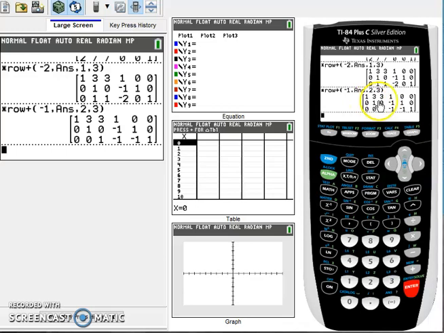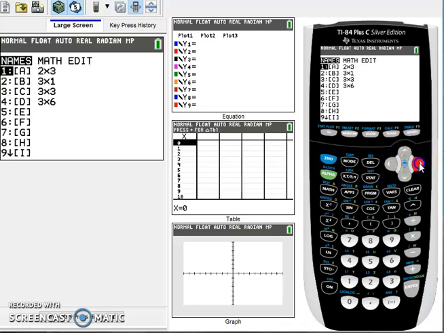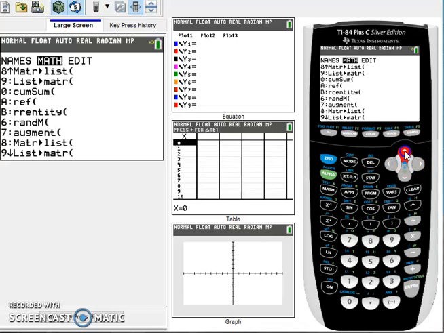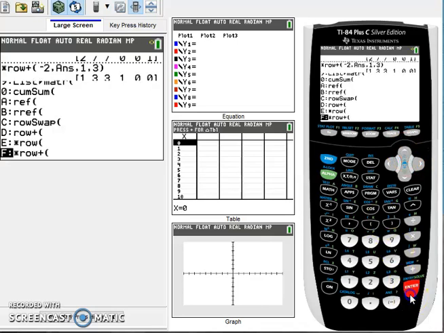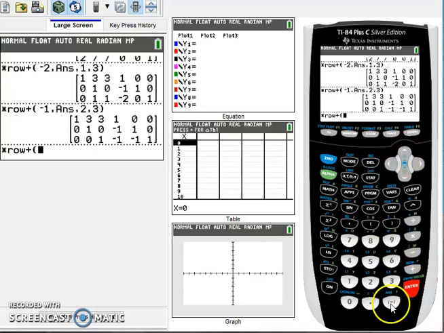So I'll multiply row number 2 by -3 and add it to row number 1. Once again, recall the matrix, multiply row number 2, and add it to row number 1.